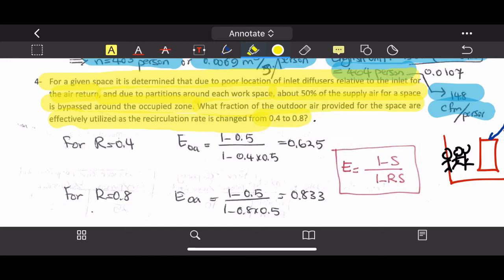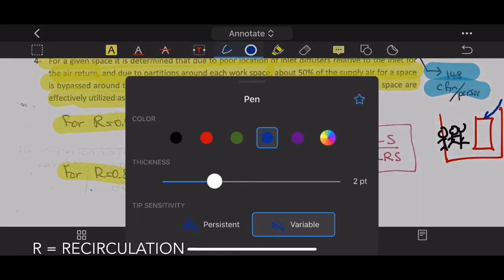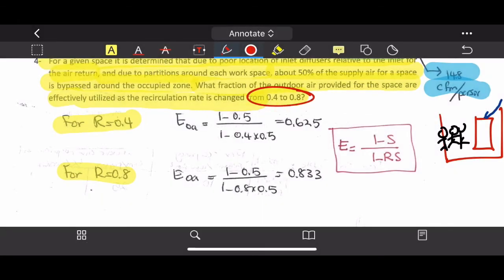number 4. Okay, this is also available in the appendix of week 5, for R 0.4 and for R 0.8, which comes from these two numbers. Yeah, okay, so the equation is given as this, right? S is supply, R is return, and S is supply.